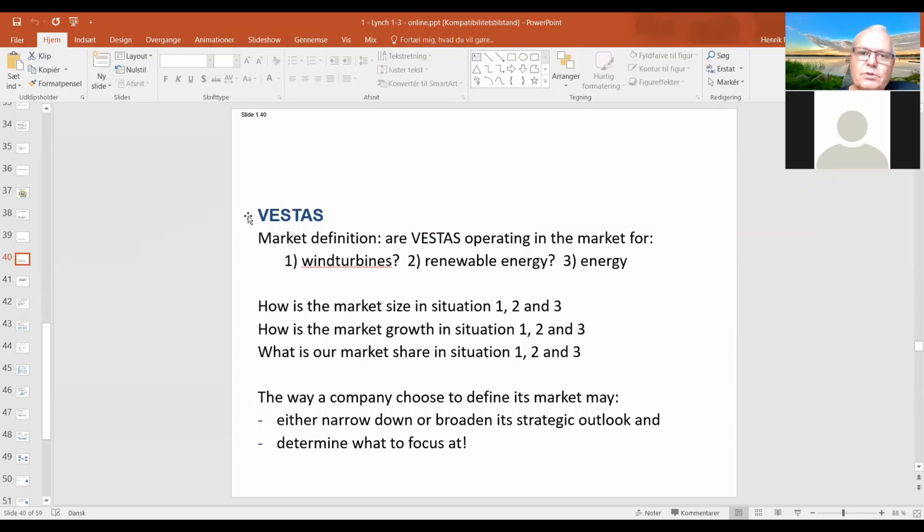But when you produce wind turbines, then a company like Vestas will have to ask themselves, do they operate in a market for wind turbines, as you can see here, number 1? Do they operate in a market for renewable energy? Or maybe the third one, do they operate in the market for energy?